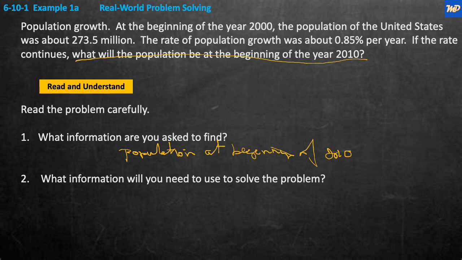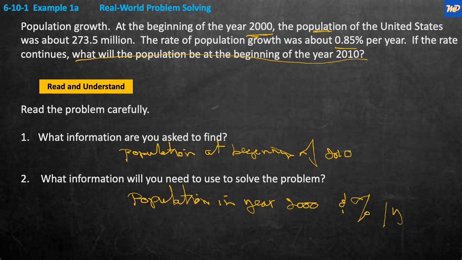What information will you need to use to solve this problem? Well, to start off, you're going to need the population in the year 2000, and we need the growth, the percentage per year for the growth.